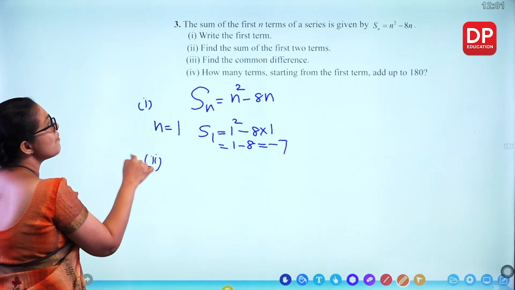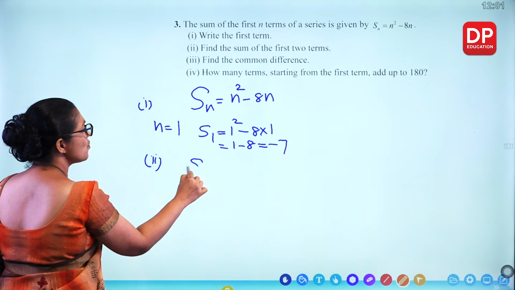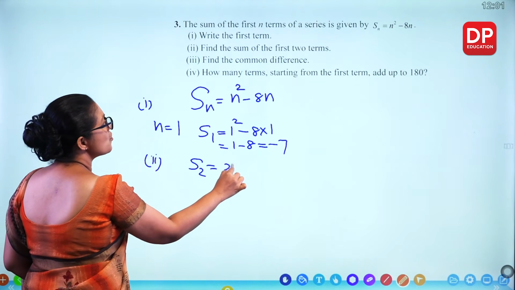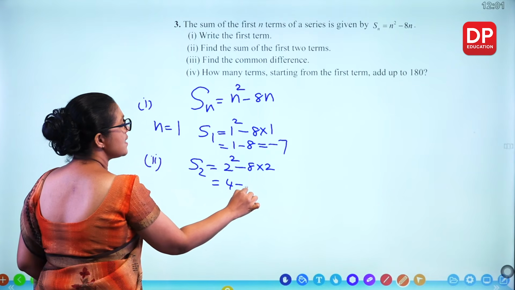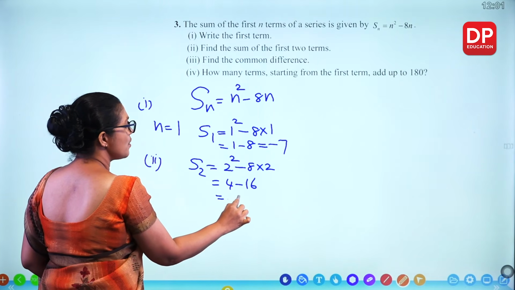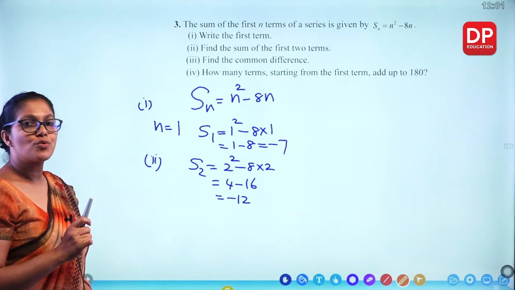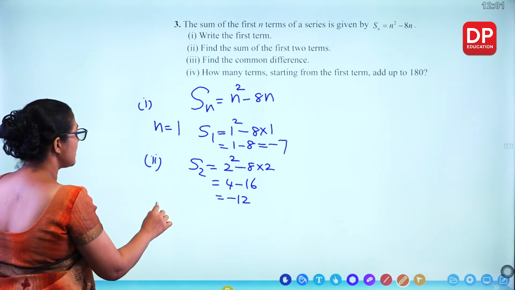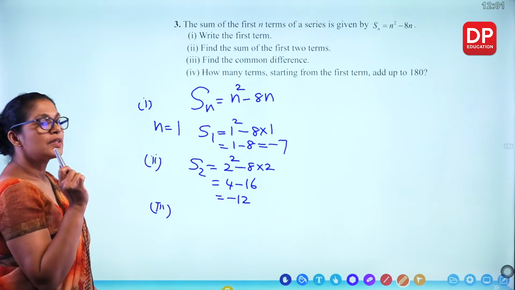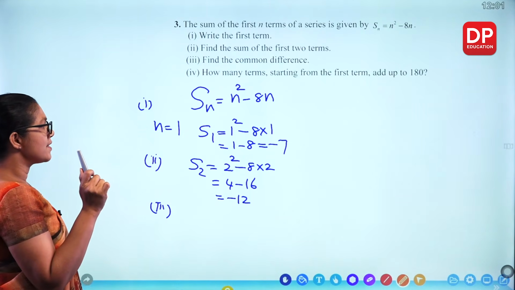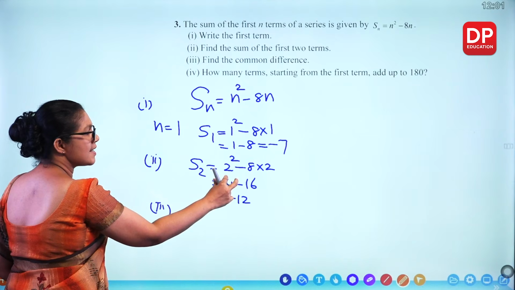Second one, find the sum of the first two terms. That means S2. 2 squared minus 8 times 2. 4 minus 16, you get minus 12. That's the sum of the first two terms. Third one, find the common difference. How can we find out the common difference? This is the first term. This is the first and second term.